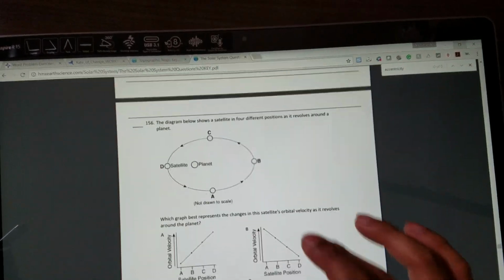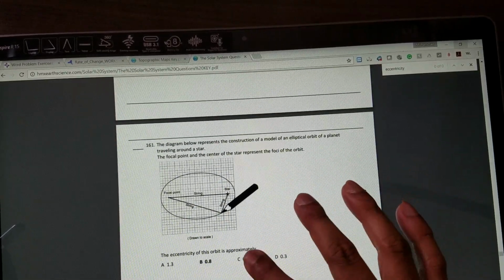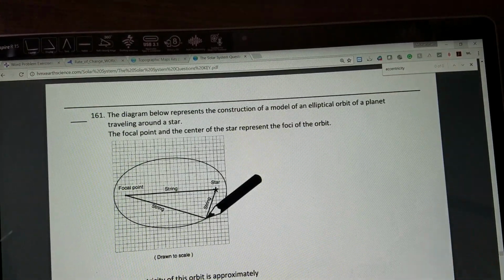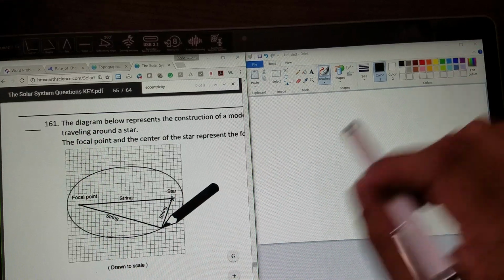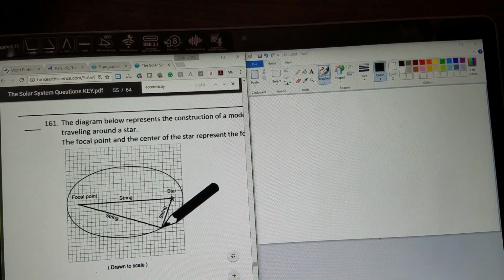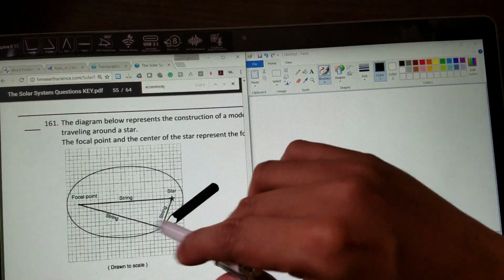Next one is a little different. Question number 161. For this one, you have to be a little bit careful. Here, the problem is there is no value. So how do you calculate the value? This is a graph.